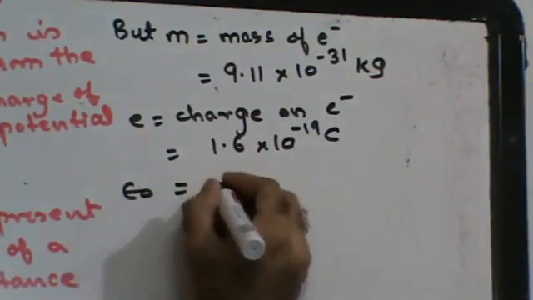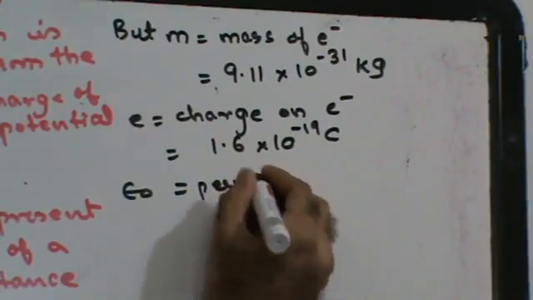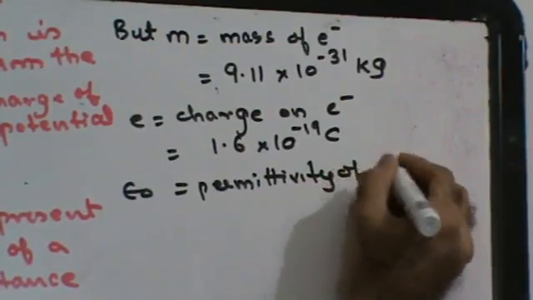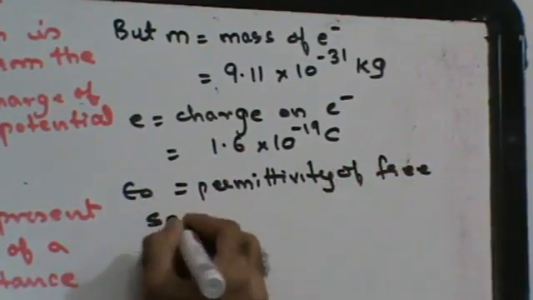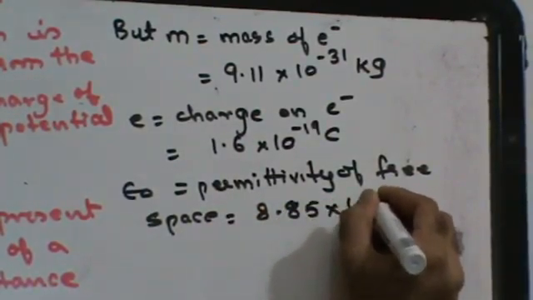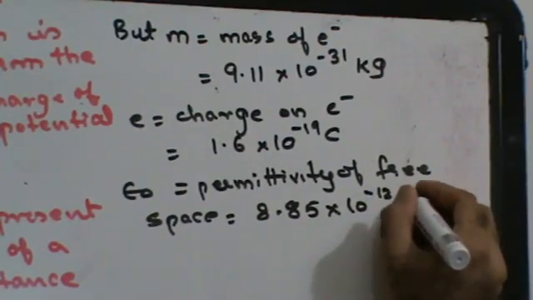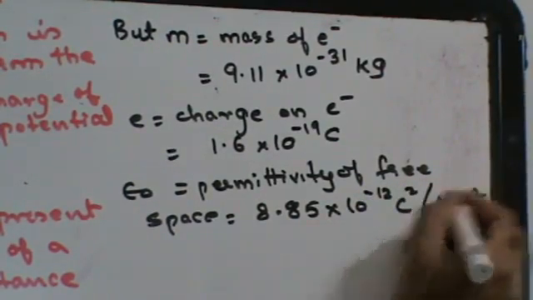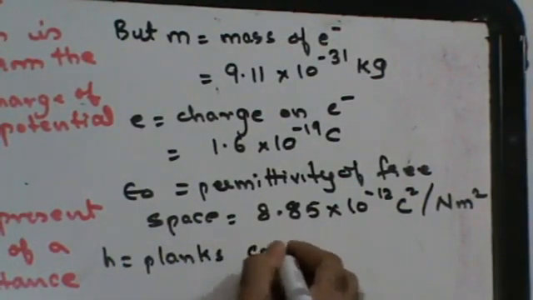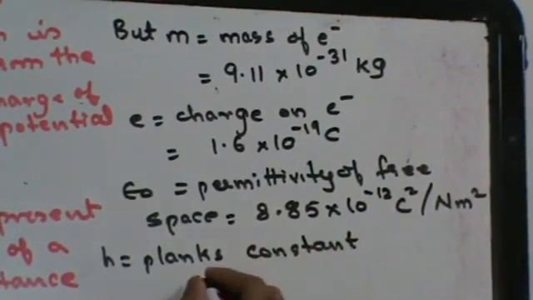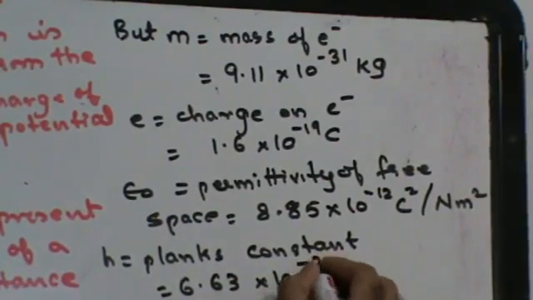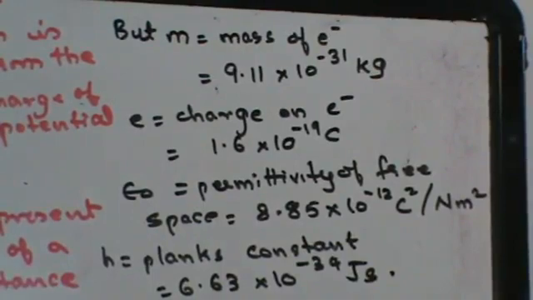Next, epsilon 0 is the permittivity of free space, which is 8.85 into 10 raised to minus 12 coulomb square per Newton meter square. And h is Planck's constant, which is 6.63 into 10 raised to minus 34 joule second. All these values are constant.